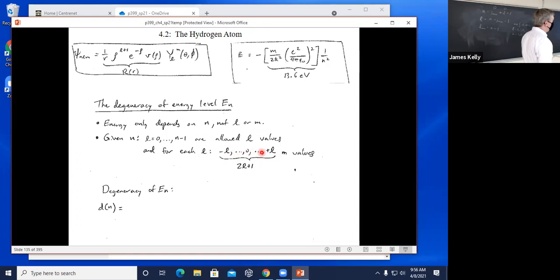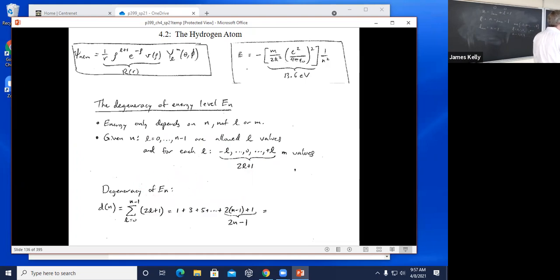We go from minus L to L, plus we've got the middle value. So I've got L of them over here, L of them over there, plus an extra one. That's 2L plus 1 M values, given that L's got to be an integer. And therefore, we can figure out what the degeneracy level is, how many different linearly independent states there are for each energy.